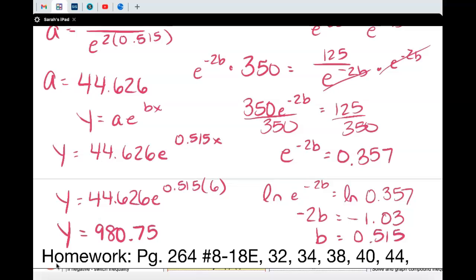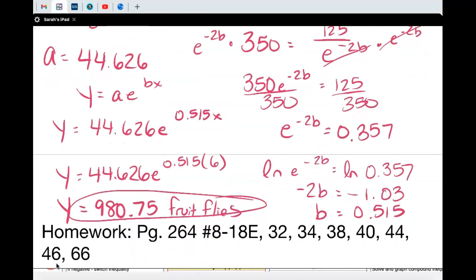So we have this many fruit flies after 6 days. It's a lot of fruit flies.